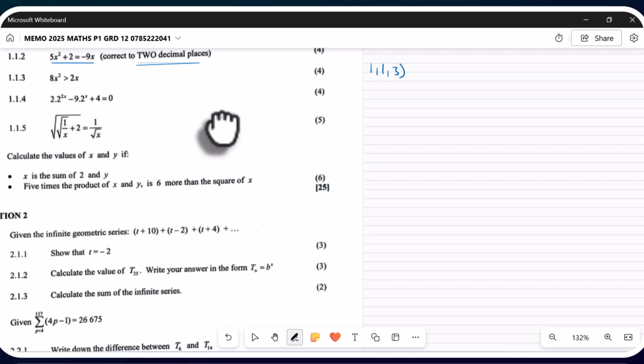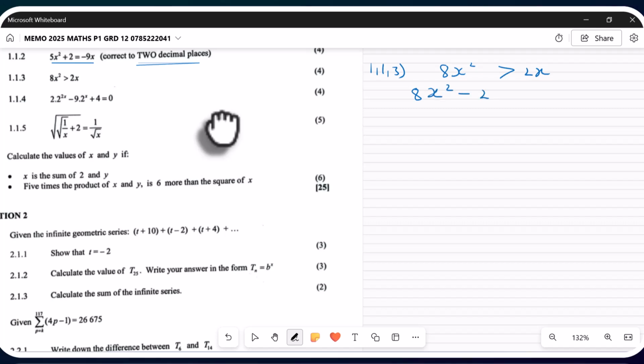Then they say greater than 2x. So what we do here, we're going to have 0 this side, so we're going to say 8x squared minus 2x, okay, greater than 0.